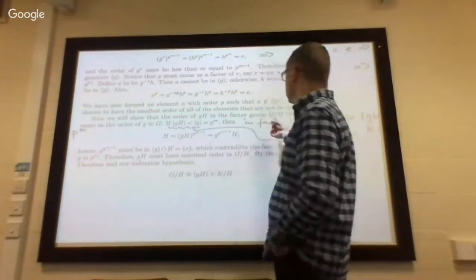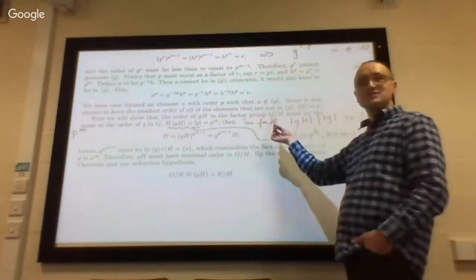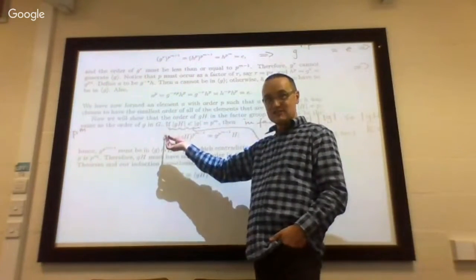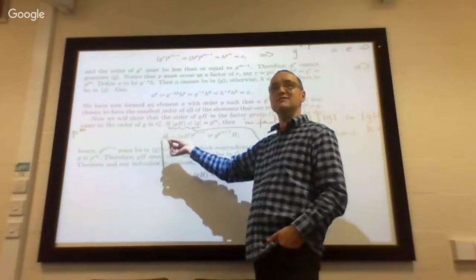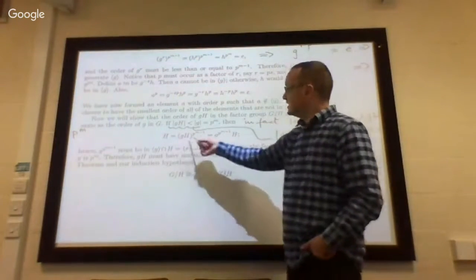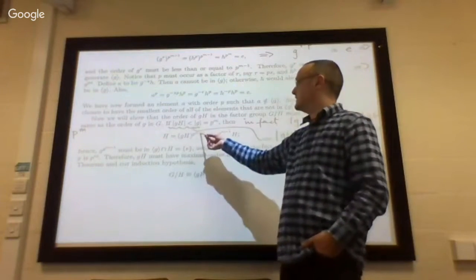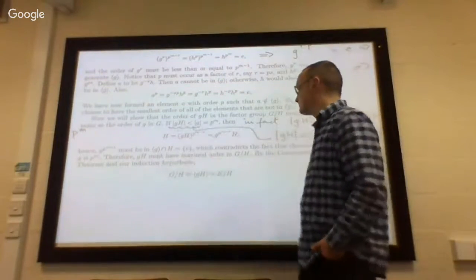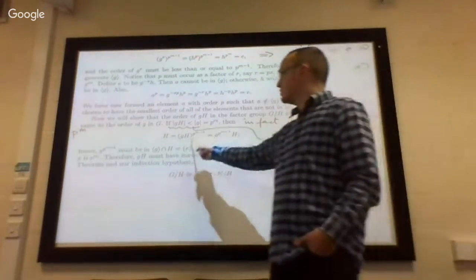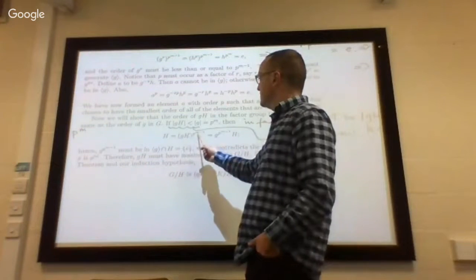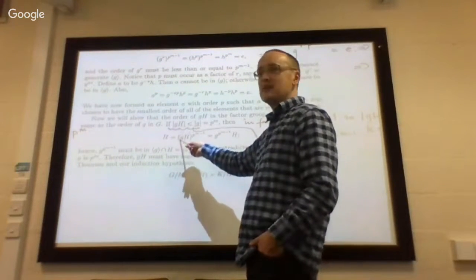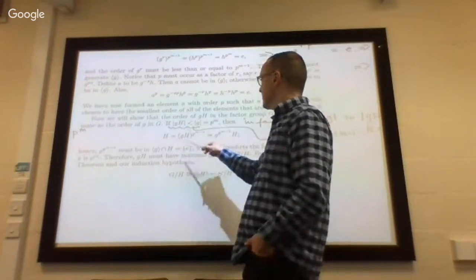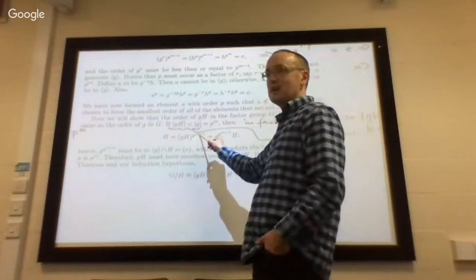Now, what's the identity? Which coset in this factor group is the identity? It's the coset H itself, or in other words, eH, which is just the same as H. So this element raised to the power p^(m-1) must be equal to the identity in the factor group, which is H. Now, a rule for multiplying cosets is that multiplying cosets is the same as multiplying the representatives. When you raise a coset to a power, it's the same as the coset corresponding to the representative raised to that power.